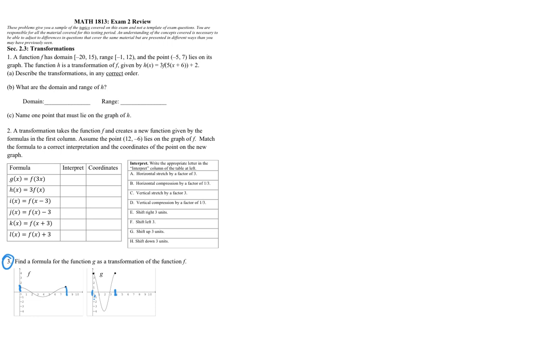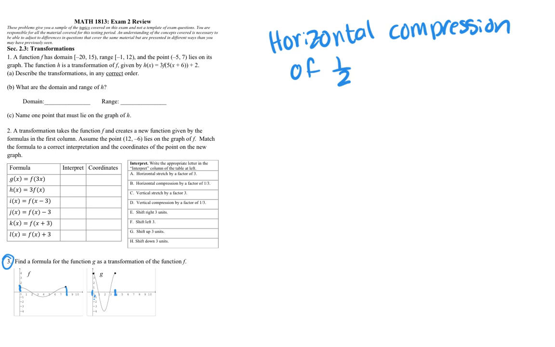We're compressing what we originally had by half. So we can write that down as a horizontal compression of 1/2.